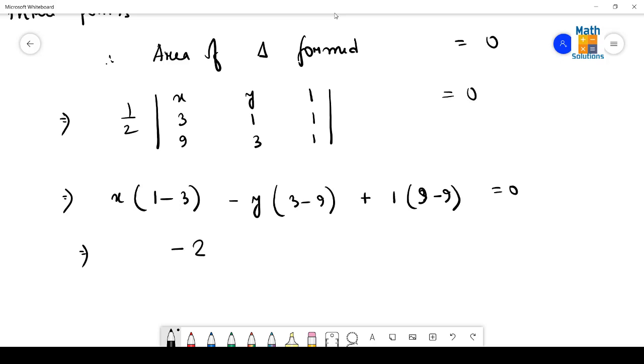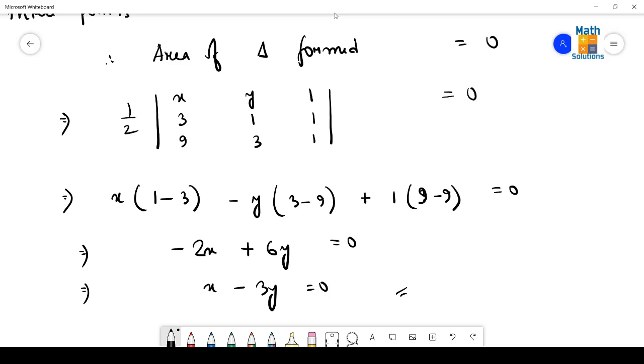Then minus twice x, it is plus 6y is equal to 0. So dividing both the sides by minus 2, we shall get x minus thrice y equals to 0, and this is the required equation.